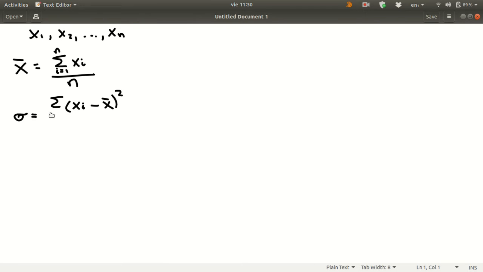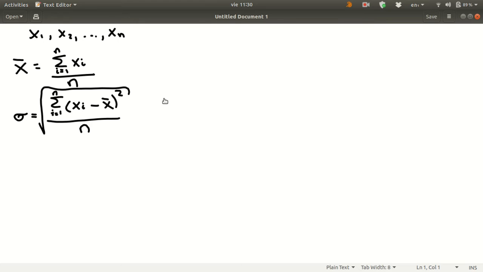We're going to do the average of these numbers. So we're going to add them up and then divide by n. And remember that we take the square root for the standard deviation. Without the square root, it's the variance.